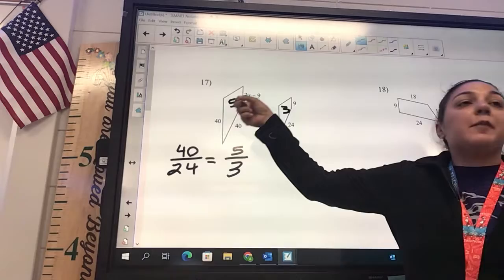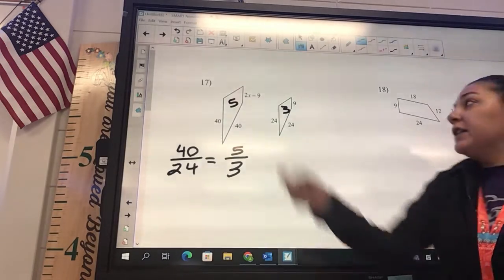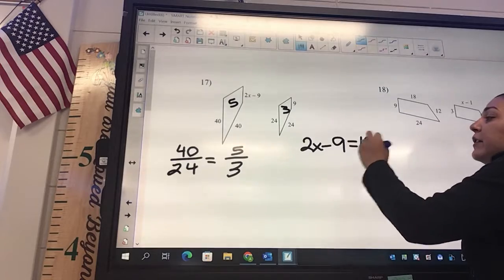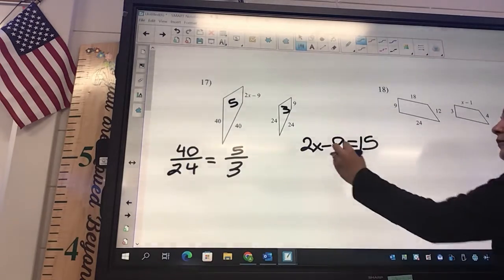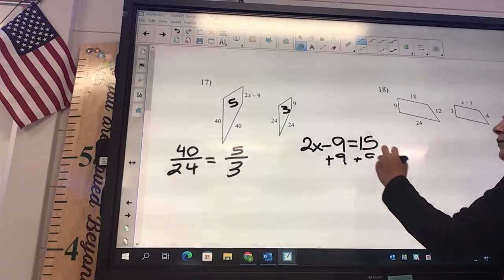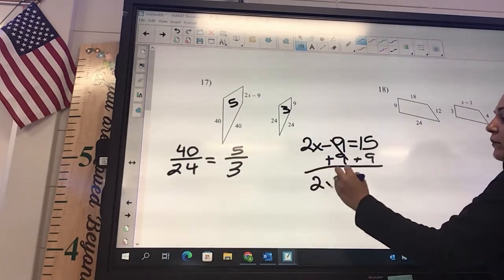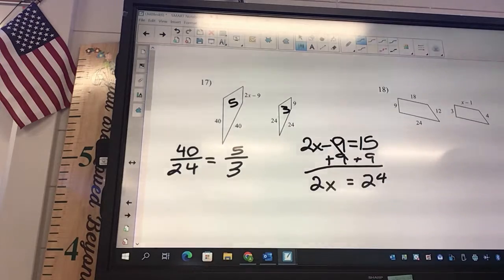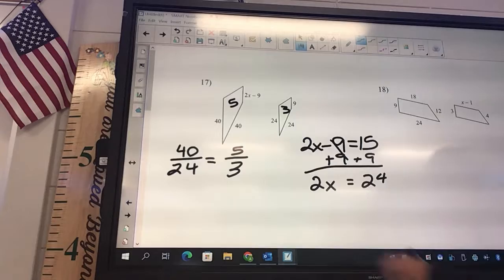Okay, so 5 times 3, 15. So we got 2x minus 9 equals 15. Okay, so what is x going to equal? 12.